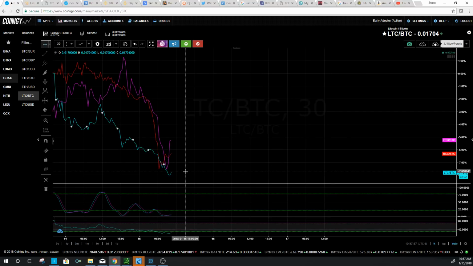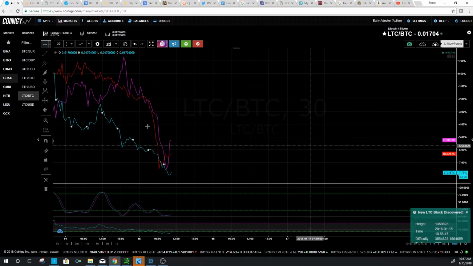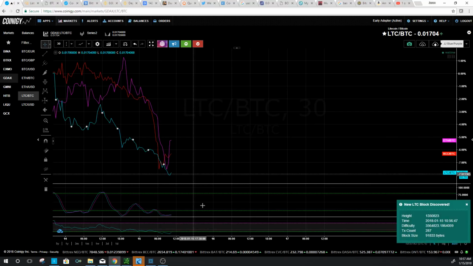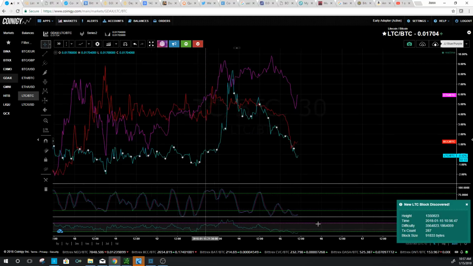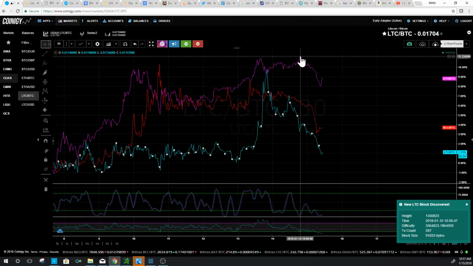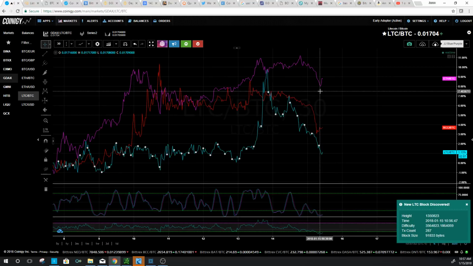Okay, from these highs down, you can see that drop. Right, this is why I was saying right up here, I took off most of my Ethereum right there, and it had a nice big drop again.